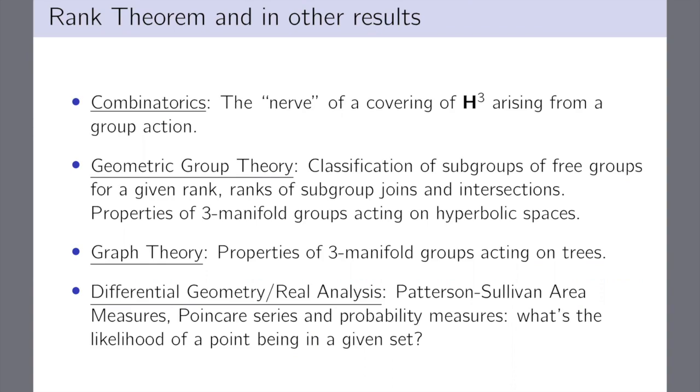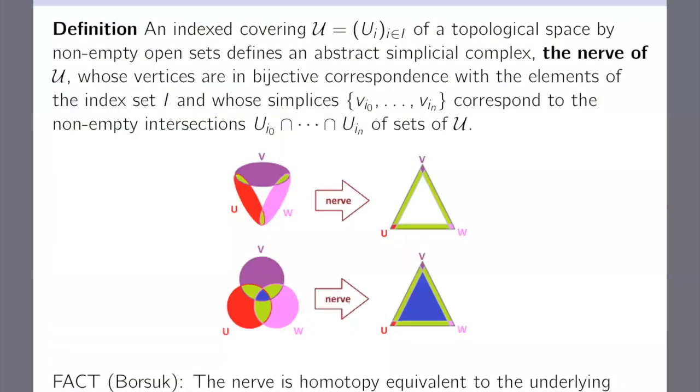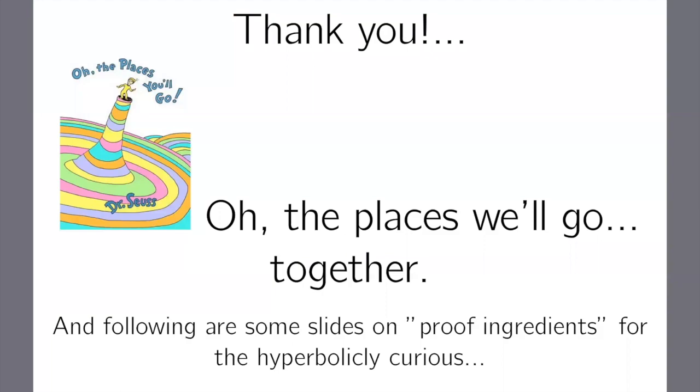There are other things used in some of the other results. And so there's no proof in this talk. For the hyperbolically curious, I have some slides after the talk. This one at least is worth looking at. Nerves are cool, in case you want to piece together some elements of a proof for the rank theorem.